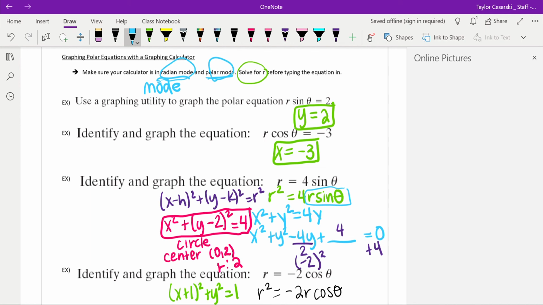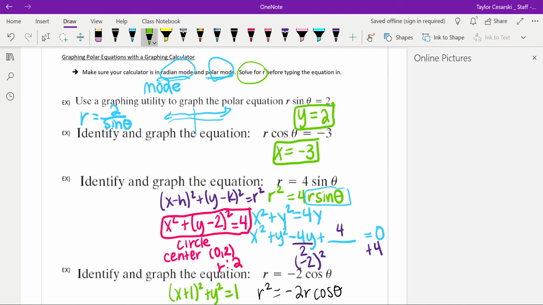Next, again, you have to solve for r. So in this one, to solve for r, r equals 2 divided by sine of theta. So the first thing you do, make sure you're in radian mode and polar mode, and then 2 divided by sine of theta. And once you change it to polar mode, when you hit the X button, it'll automatically turn into a theta. And then when you graph that, it should look like a horizontal line at y equals 2.